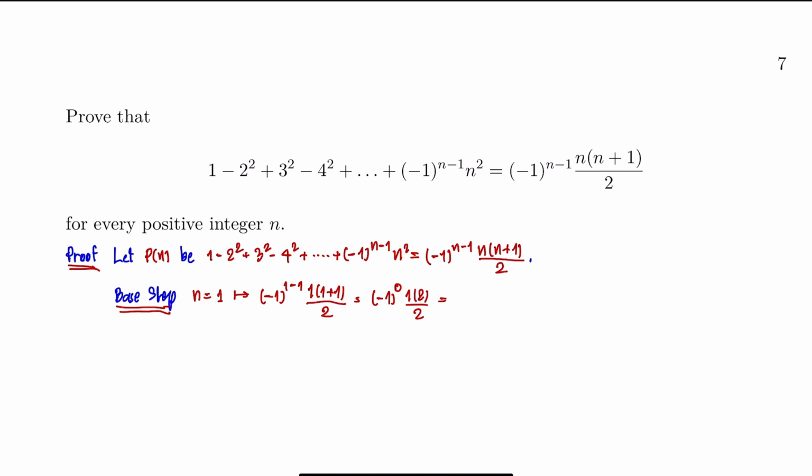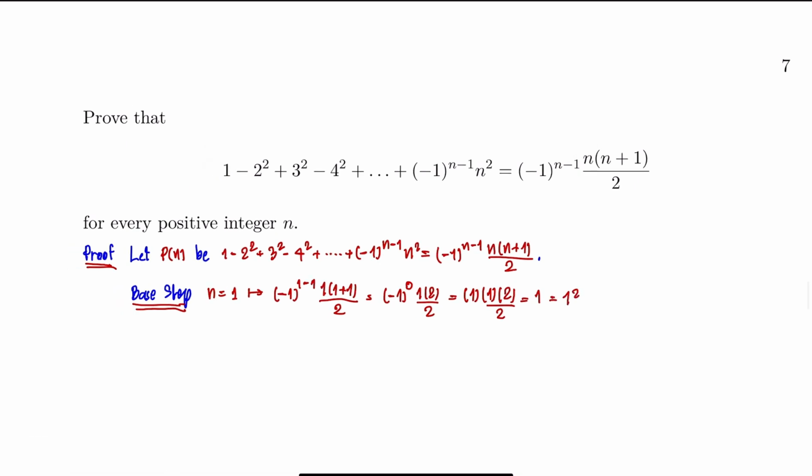These 2s cancel, so it turns out to be just 1, which is 1 squared. So that means P(1) is true.